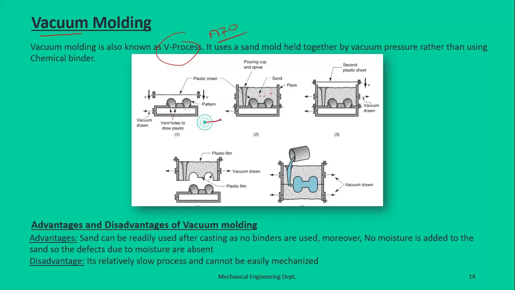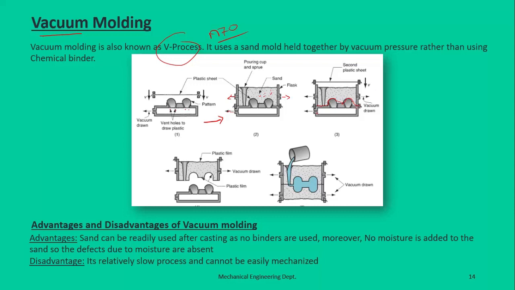Then we place a flask and fill it with sand, with the sprue and the pouring cup, and we also apply vacuum pressure here so that the sand remains intact. Then we place another plastic sheet over the flask, and we keep applying the vacuum so that it is covered from the top as well.